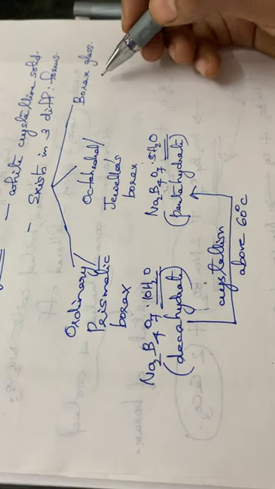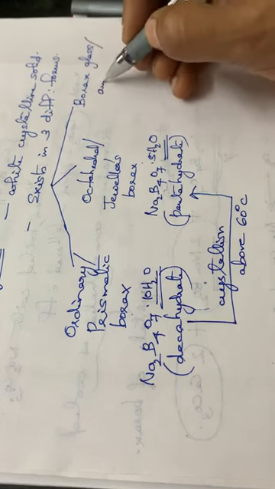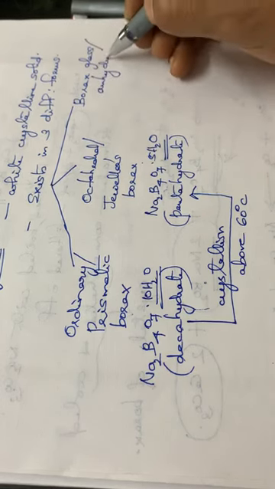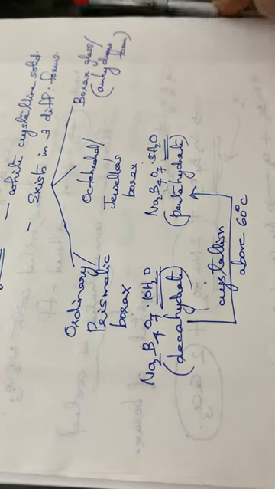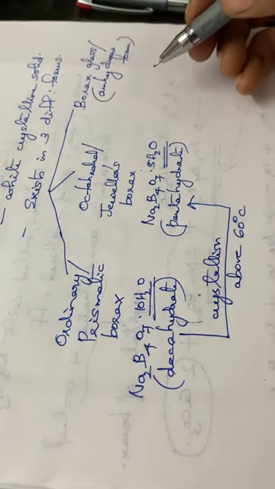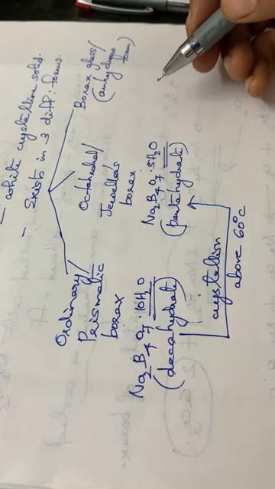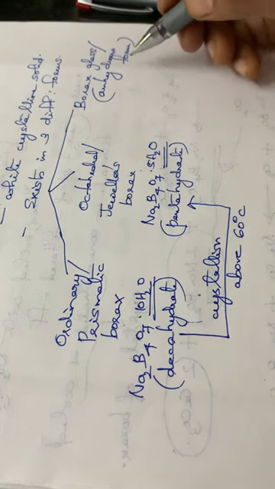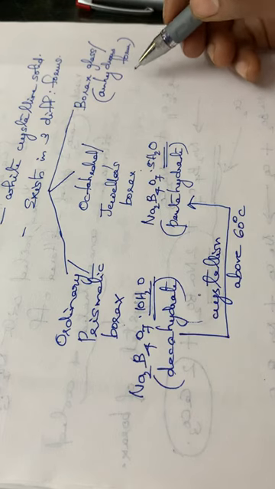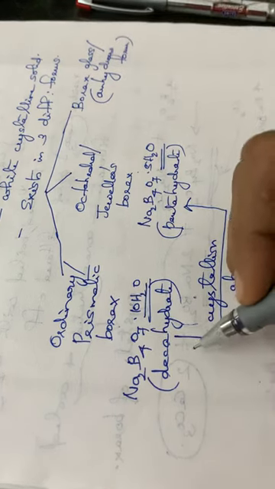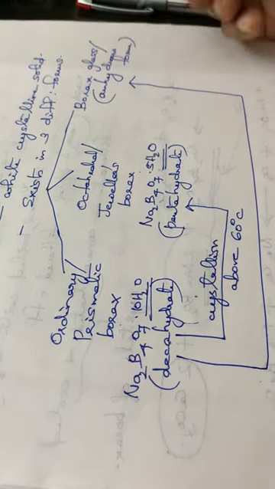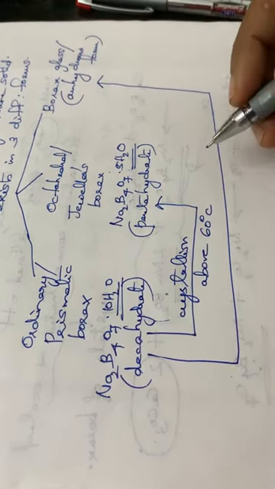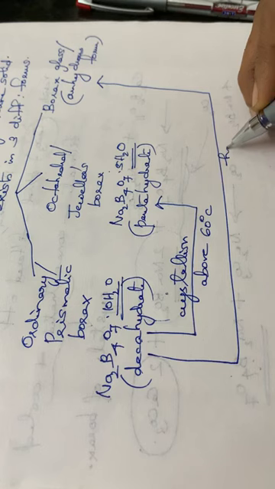Then the next one is the borax glass or the anhydrous form. Anhydrous means it will not have water of crystallization. So anhydrous borax is Na2B4O7. The ordinary form can be converted to this borax glass by heating above its melting point.